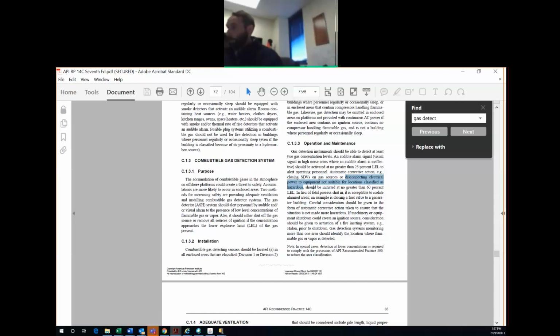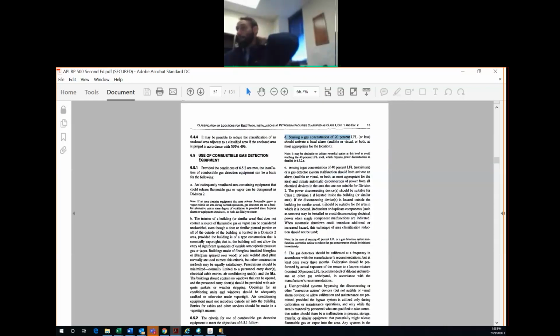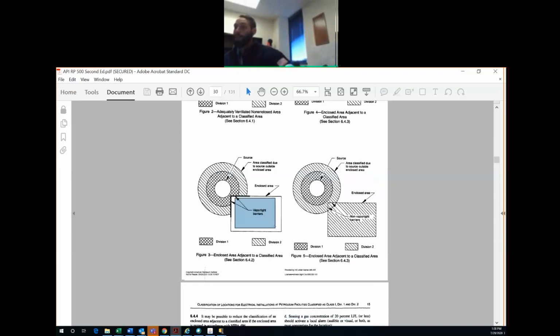The one exception is given to you in API 500. In API 500, you can classify a building that would otherwise be Class 1 Div 2 as unclassified. If you do that, you might want to make all of the equipment in there general purpose equipment.